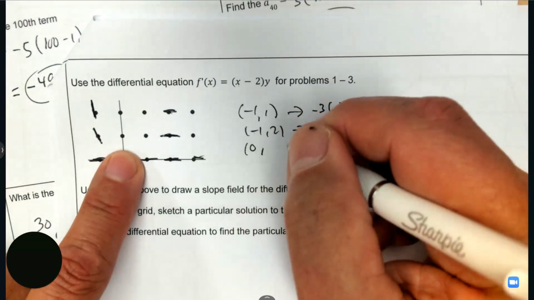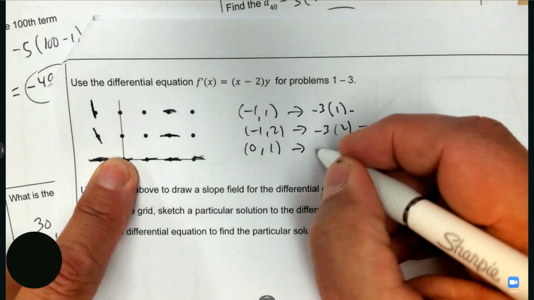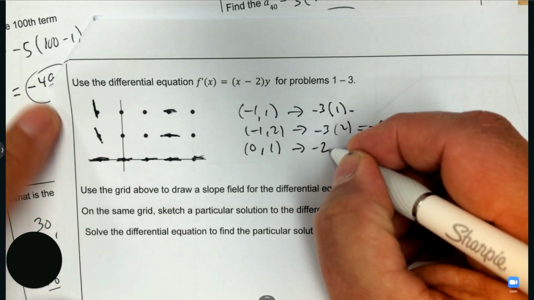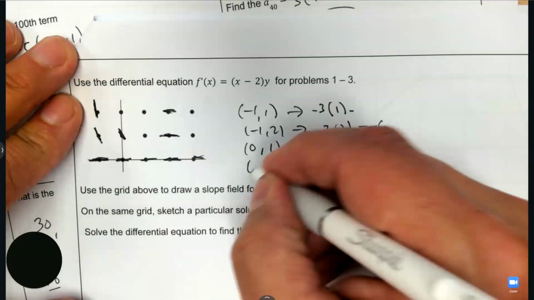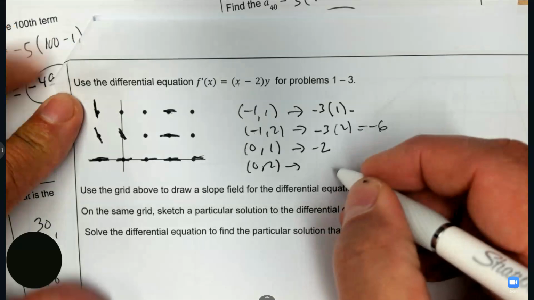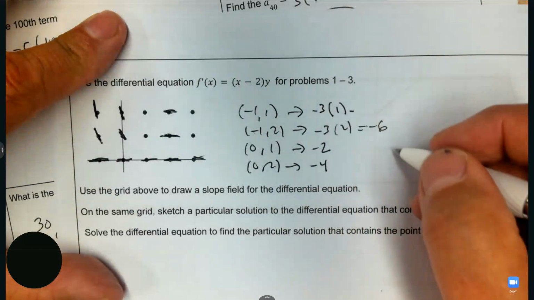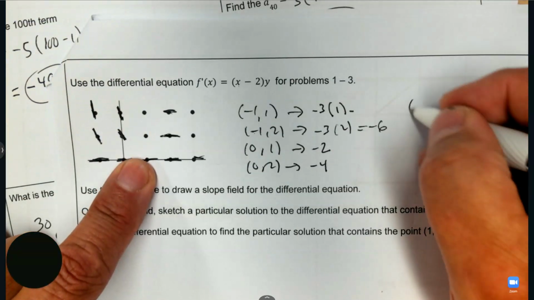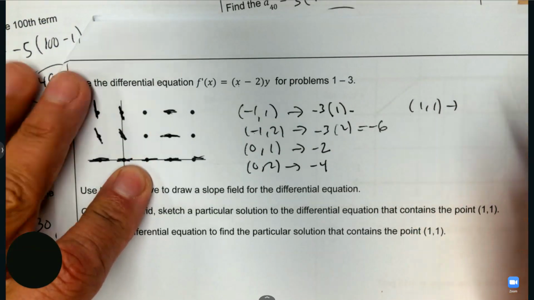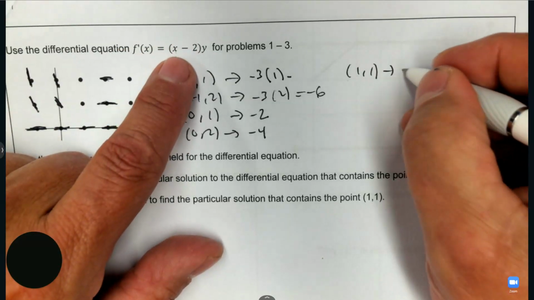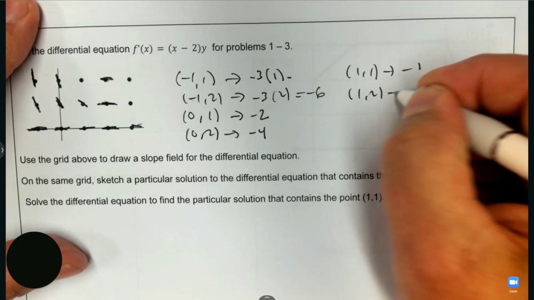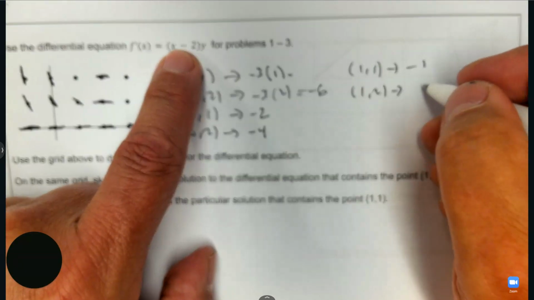0 and 1 gives me -2. 0 and 2, that gives me -2 times 2, which is -4. 1, 1, that's -1 times 1, which is -1. 1, 2, that's -1 times 2.